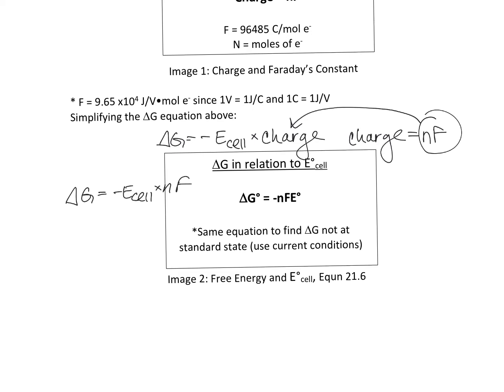At standard state, that would be delta G naught equal to negative N, moles of electrons, times F, Faraday's constant, times the cell potential. It's the same equation to find delta G not at standard state. Remember, you can use this equation at standard or not at standard state. All right, let's continue on.